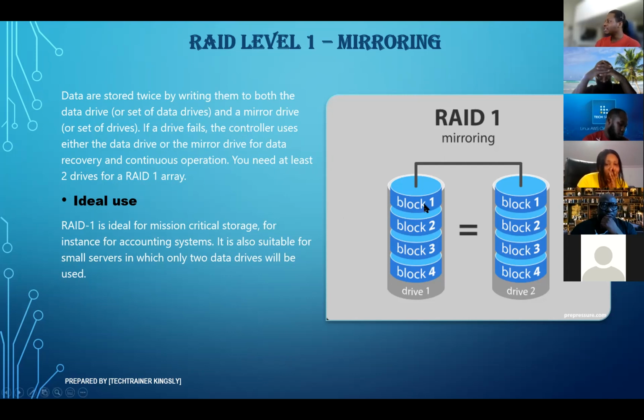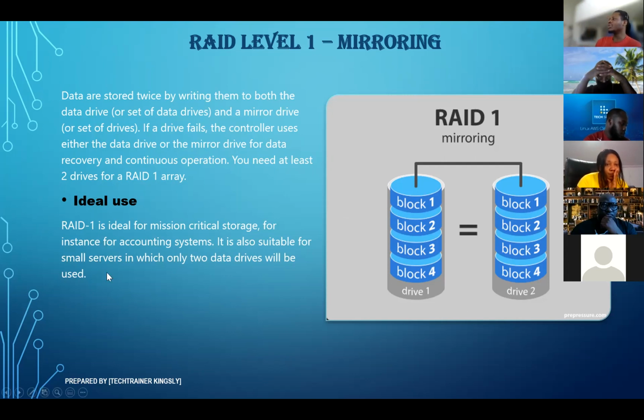That means if you fail to access data on this one, you can access it from this one, because the same thing that's in here is in here too. It's just mirrored. It's like you just copy here and paste here, but you have the copy, and the other person has the copy. So this is exactly what I mean by mirroring.